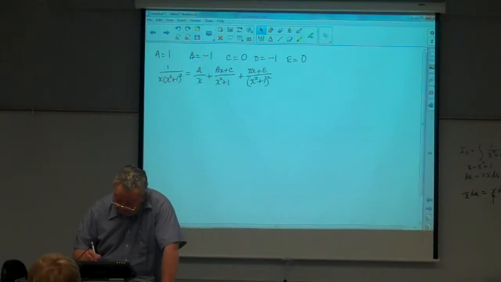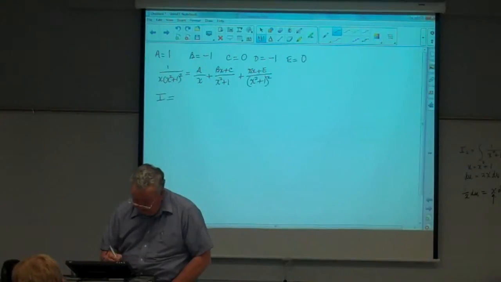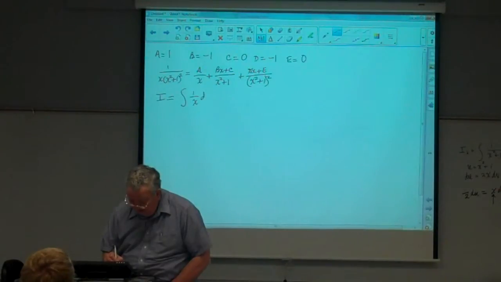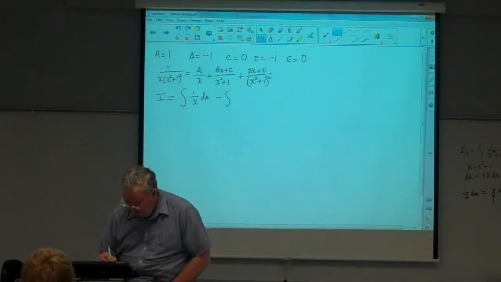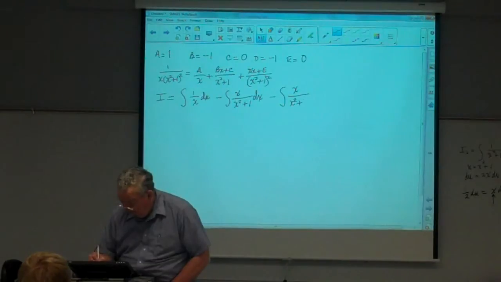After all of that, I is equal to the integral of 1 over x dx minus the integral of x over x squared plus 1 dx minus the integral of x over x squared plus 1 squared dx.